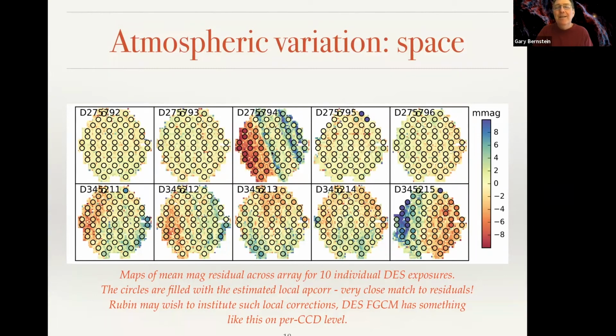And you can see that spatially, the dots match the map that they're on top of, which tells you that across the array, you can also measure spatial fluctuations and correct for them in the aperture correction. So the atmospheric stochasticity in the photometry is well traced by this aperture magnitude, the outer annulus.